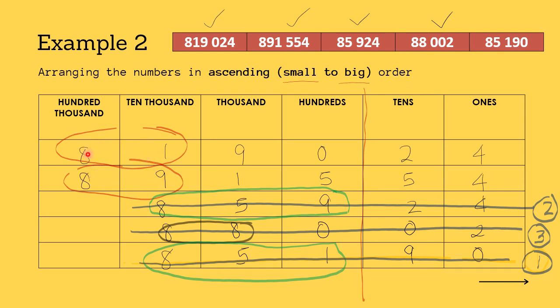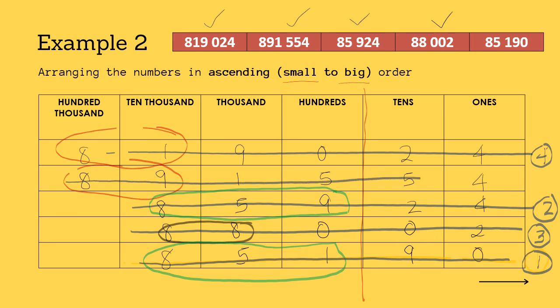So we have 81,000 and 89,000. So the smaller one is this one. Remember, we are arranging numbers in ascending order from small to big. So we are picking this one because it's smaller than 89. So the next smaller number is this one. You're going to write that as the fourth number. And obviously the bigger number is 89,000.